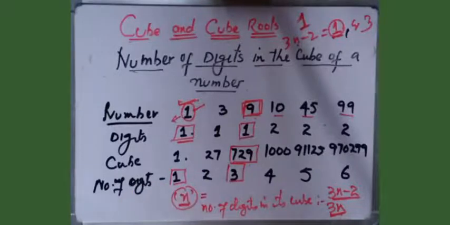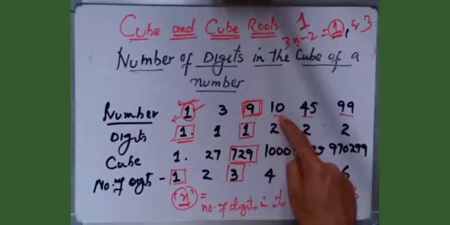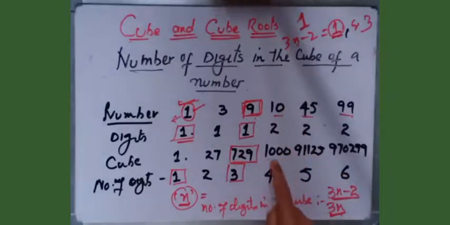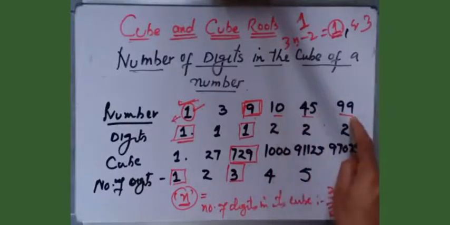Say for example, see this, there are 2 digits in this number. In the cube of this number, the digits will be either 3n or 3n-2. So that means either it will be 4 or it will be 6. 10 is the smallest 2-digit number, 99 is the greatest 2-digit number.